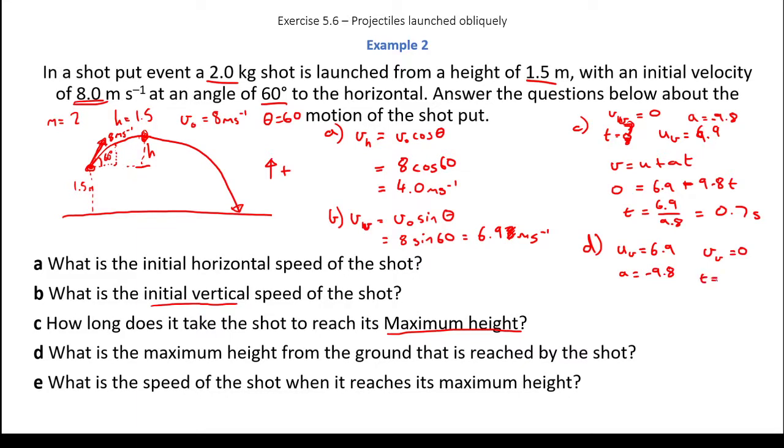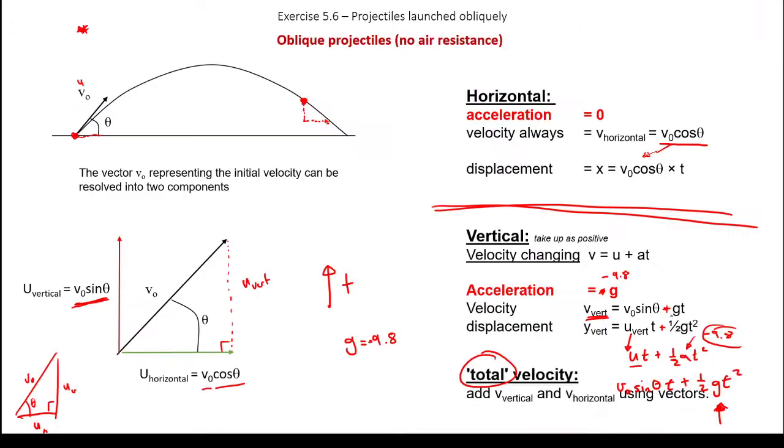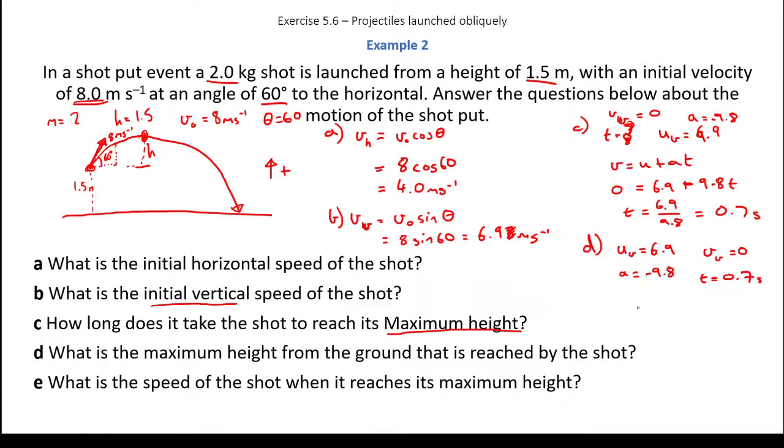Our t is now 0.7 seconds. So we can use the displacement equation, x equals ut plus half at squared, or x is equal to the initial velocity times time plus half g times time squared.